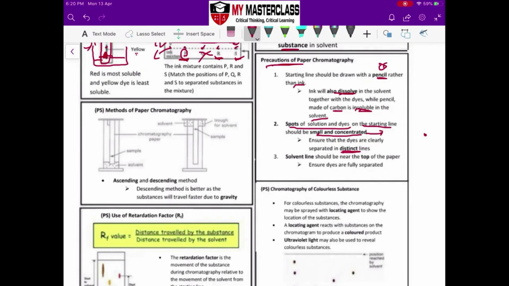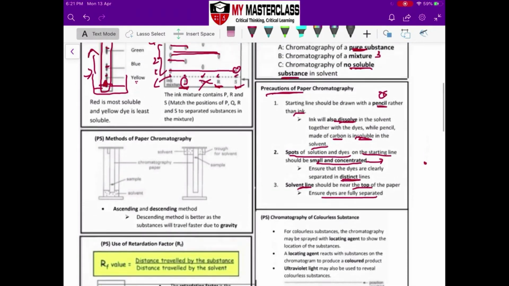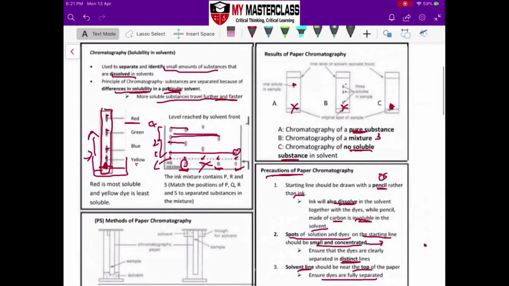The solvent line must go as near the top as possible. When you start your chromatography, your water, the solvent, will start to move up. Make sure your solvent moves up to the top of the chromatography paper as close as possible. This will allow all dyes to be separated. For example, in this picture, my solvent line runs up till here.